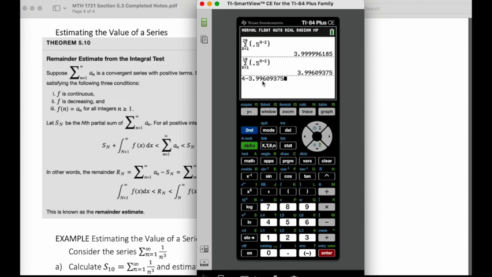This 3.996 is the partial sum out to 10. So we're not going all the way out to infinity. But if I find that difference, that will give me the error, okay? And we see here that the farther we go out for our partial sum, the more accurate it's going to be. And that difference will give us the error.